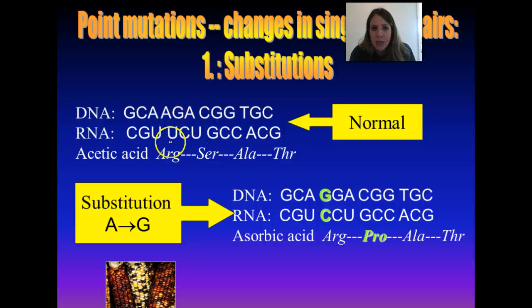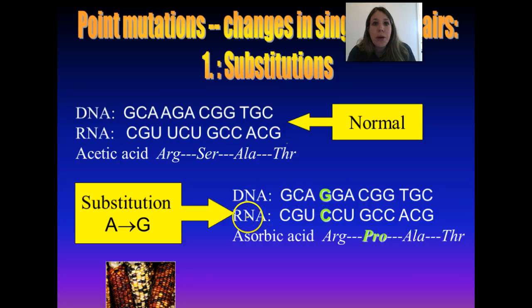Then the next 3 are supposed to code for serine, this one for alanine, and this one for threonine, and so on all the way down. Anyway, let's say this is what I was supposed to get. Don't get too hung up on what all these mean. You'll learn about that later. But if a substitution mutation happened in the DNA, then instead of getting an A here for adenine, I got a G here for guanine.